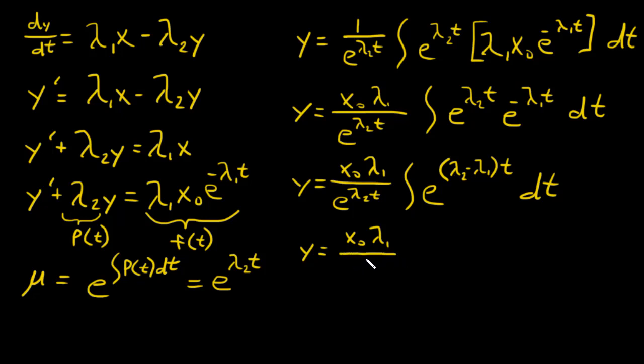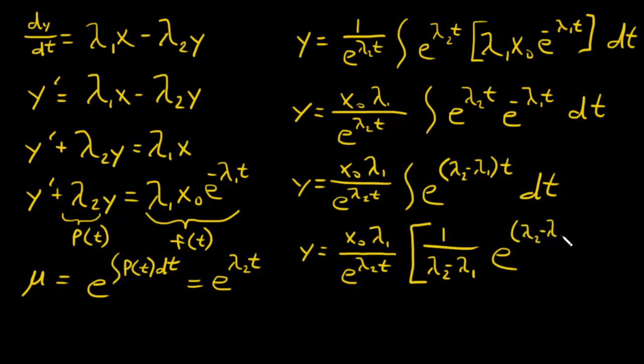Yell at me through the screen. I promise I'll hear it. So over e to the lambda 2 t. Alrighty, so this integral becomes, in brackets, 1 over lambda 2 minus lambda 1 times e to the lambda 2 minus lambda 1, t, plus c.